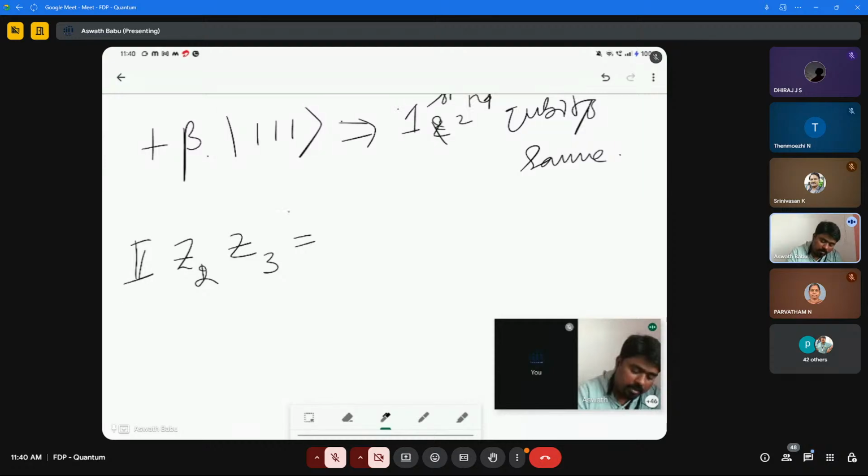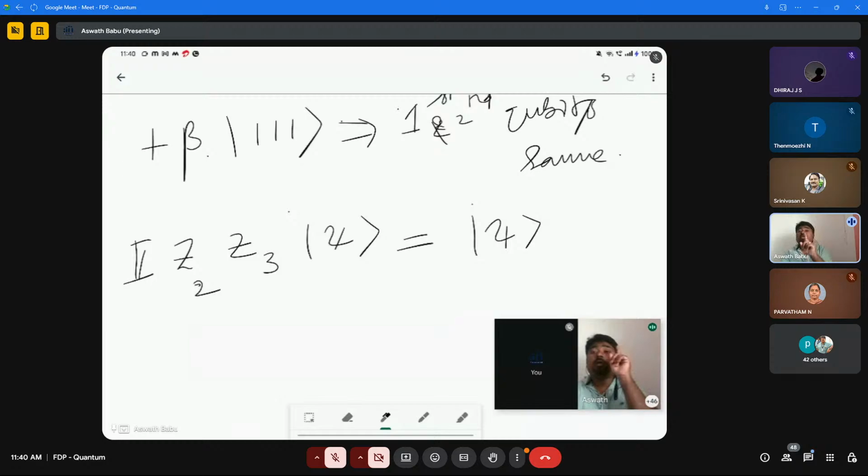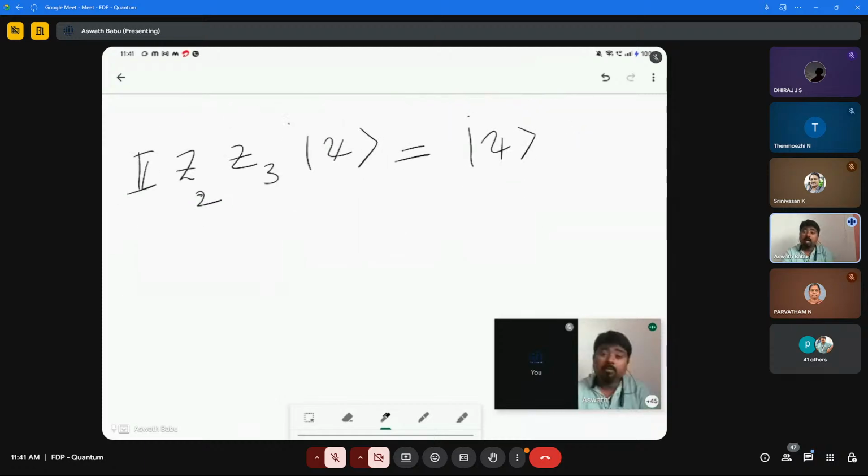If you act this on a quantum state and it gives you the same quantum state with a plus sign, I can say 2 and 3 are the same. If I acquire a minus sign, it means 2 and 3 are different, meaning one of them is having an issue. So I can show you that case even now.